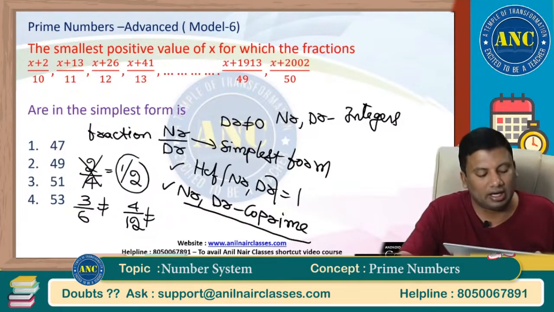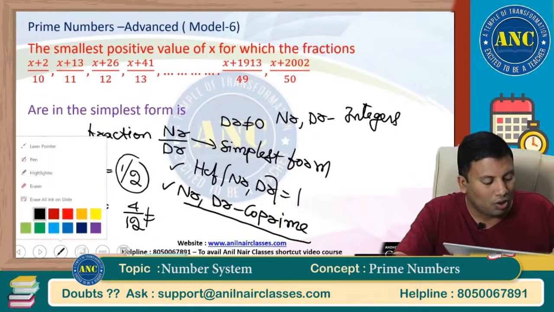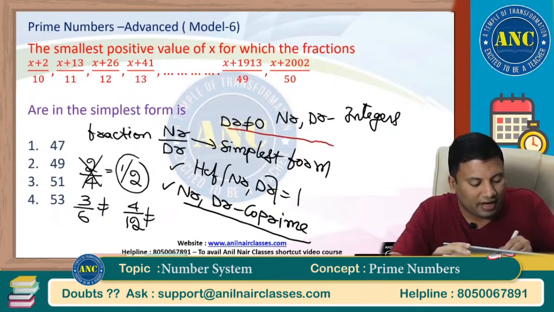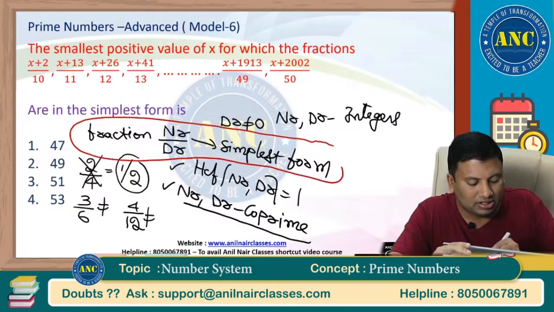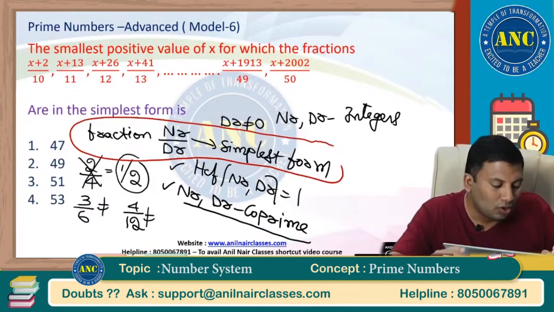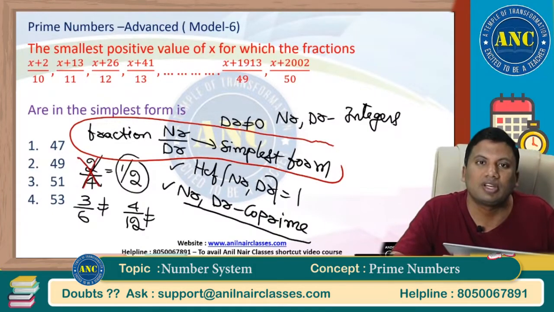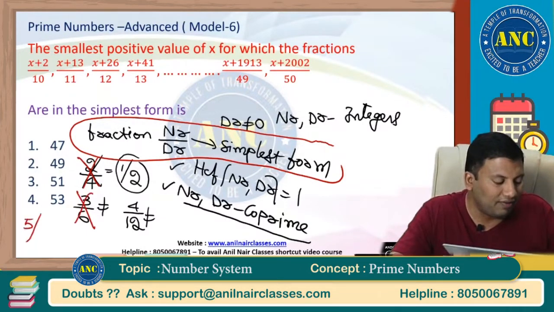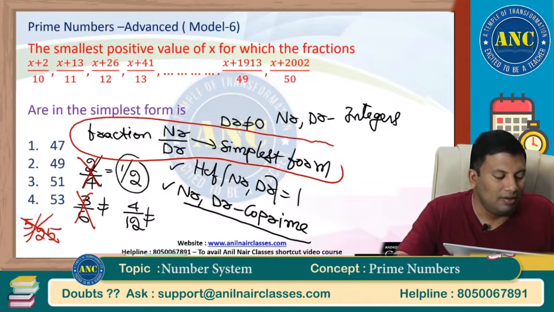If numerator and denominator are co-prime to each other, then the fraction is in its simplest form. 2 and 4 are both even numbers, and even numbers cannot be co-prime to each other. 3 and 6 are both multiples of 3. 5 and 25 are both multiples of 5.